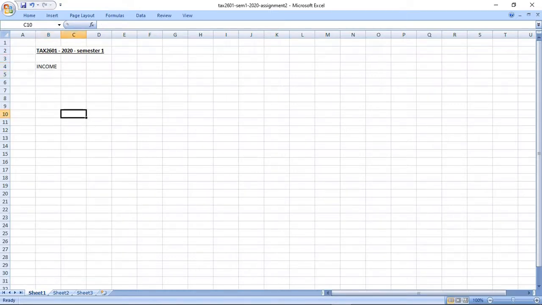The templates in the notes: we have income, and leave some space because you're obviously going to fill it up with different line items, less deductions and allowances.